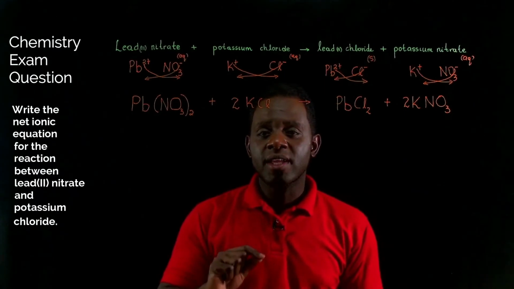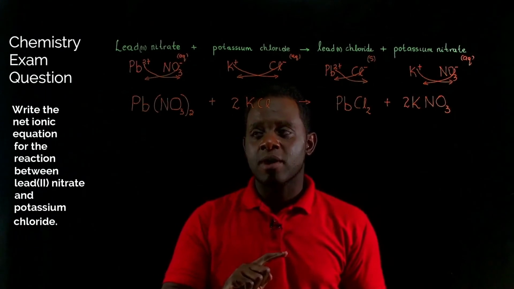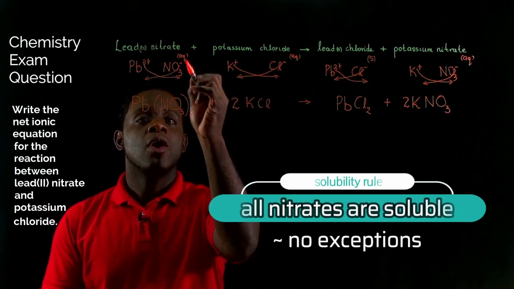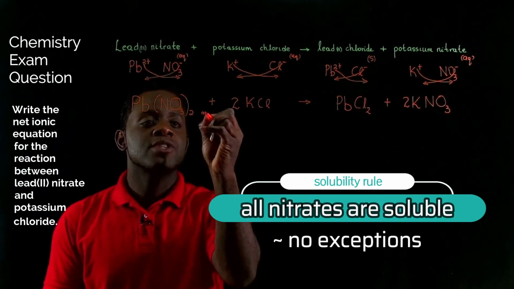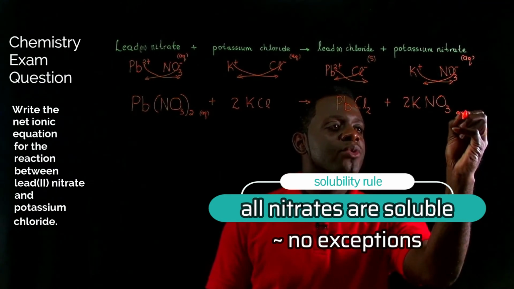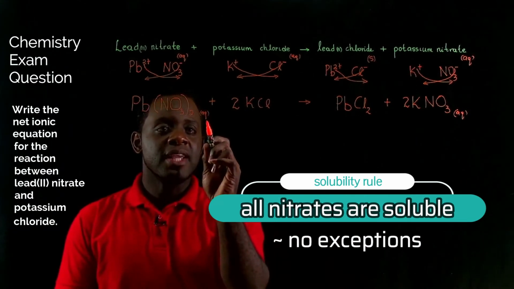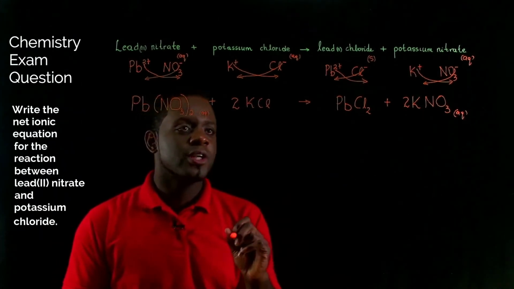The only thing left is for us to include our state symbols. Remember, from here, all nitrates are soluble without exception. So we can go right ahead and put AQ, the symbol for aqueous, meaning they can dissolve in aqueous solution.